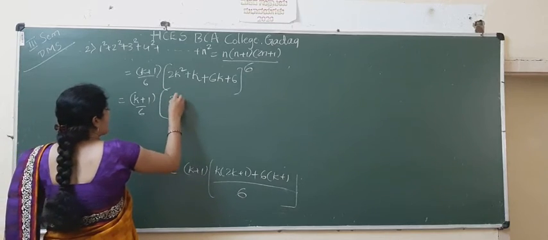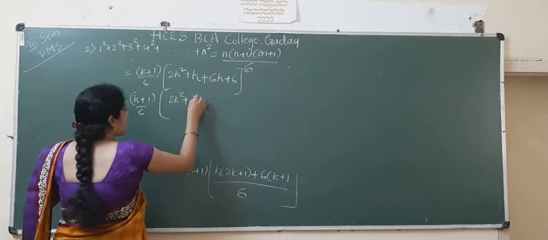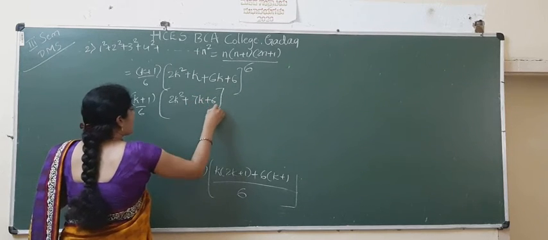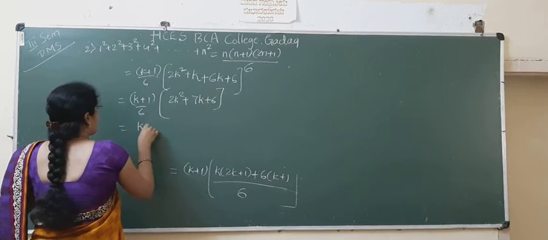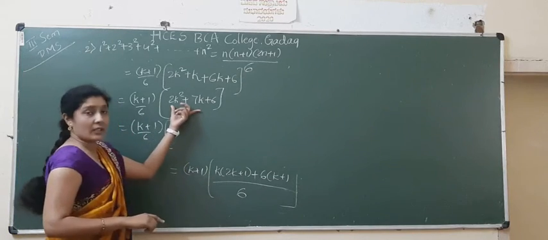And now this is 2k square plus k plus 6k, that is 7k plus 6. Now k plus 1 divided by 6, and here we have to solve this equation.